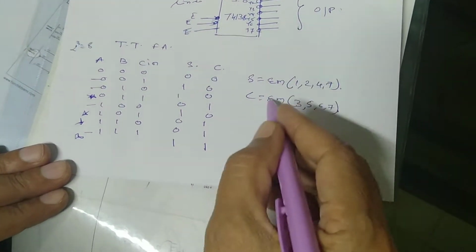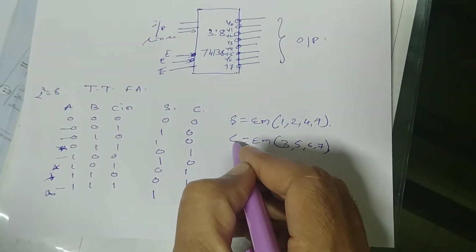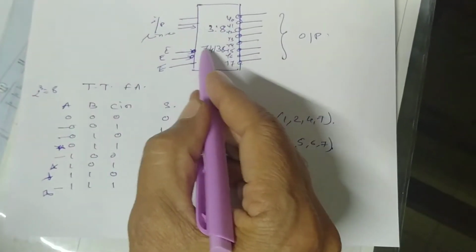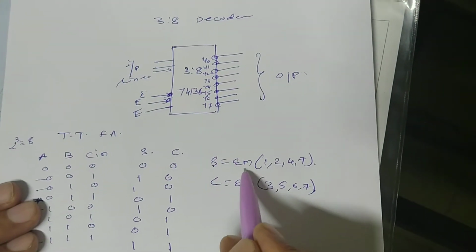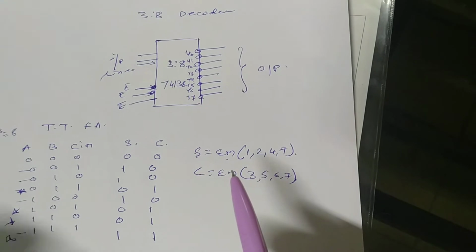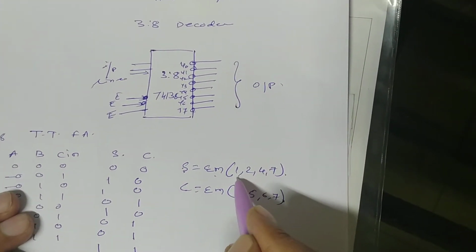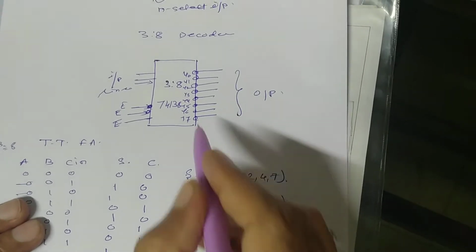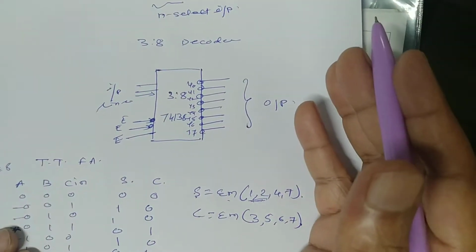Now these are the minterms. Here we are getting the sum and the carry, and with the help of this decoder IC 74138 we have to implement these equations. The output terminals of this decoder IC we have to connect to the NAND gate.